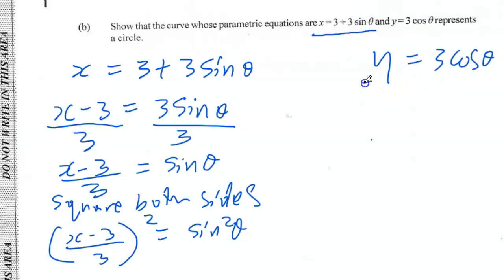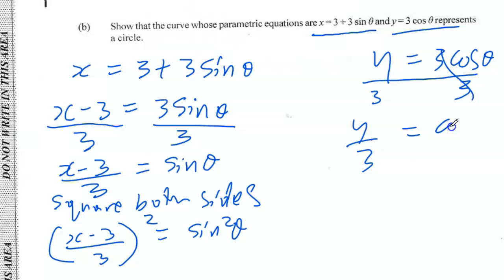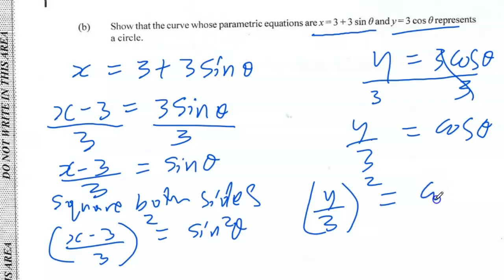If we divide both sides by 3, y over 3 is equal to cos theta. So from this equation, cos theta is y over 3. If we square both sides, (y over 3) all squared is equal to cos squared theta.